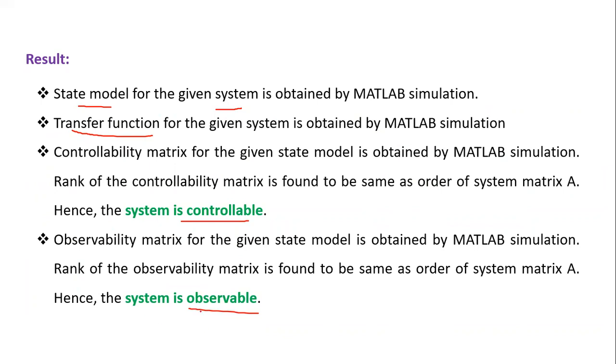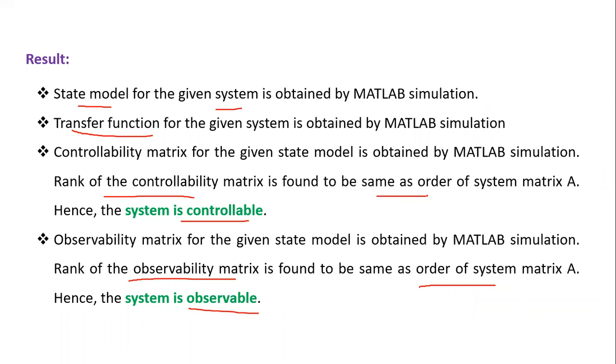That means in theoretical terms, it is by observing the determinant, and in the simulation, it is by checking the rank of the system. That is the rank of the controllability matrix and the rank of the observability matrix, which is the same as the order of the system matrix. In theoretical calculations we find the determinant value. If the determinant is not equal to 0, then it is controllable and also observable, for the observable matrix and controllable matrix.